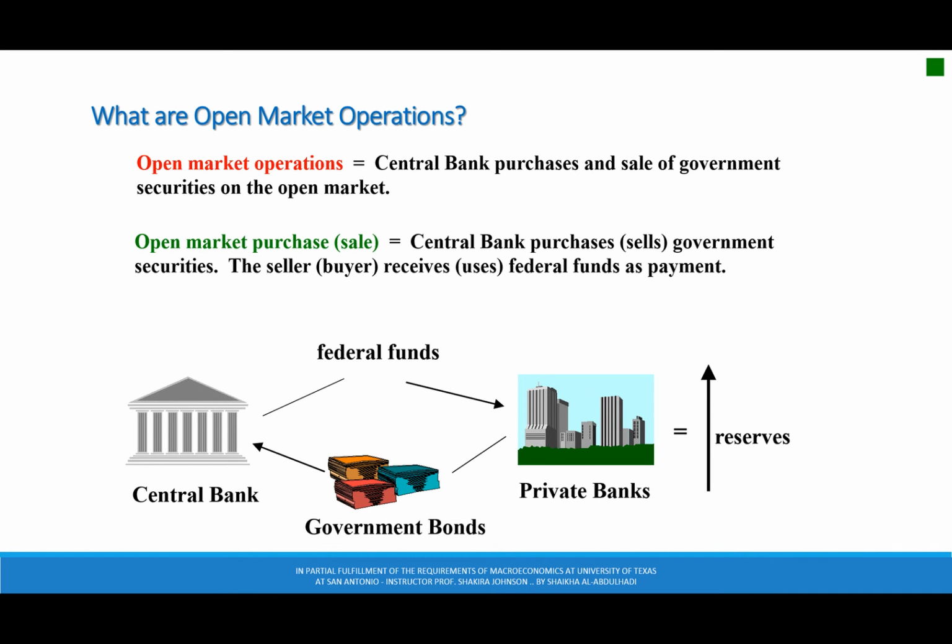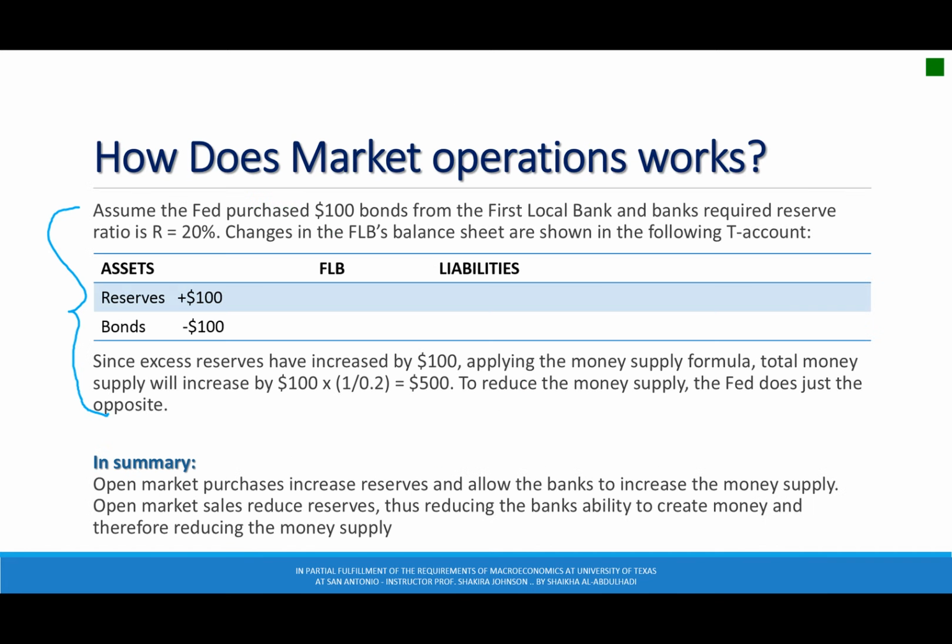So, what is open market operation? As I said, open market operation equals central bank purchases and sales of government securities on the open markets. Here's an example of how open market operation works.